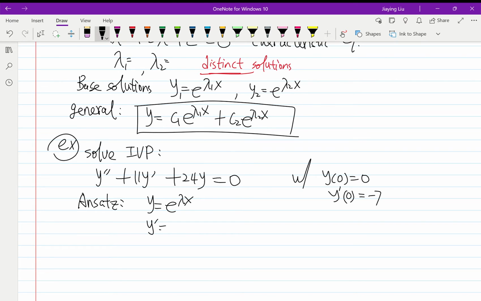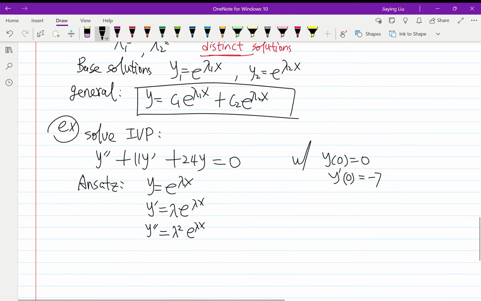Then we can figure out the derivative by using the chain rule. So that will be e to the lambda x times lambda, and the y double prime is going to be, again, take the derivative, so that's a lambda times e to the lambda x times another lambda, so that's lambda squared. Now we're going to put them into the differential equation.